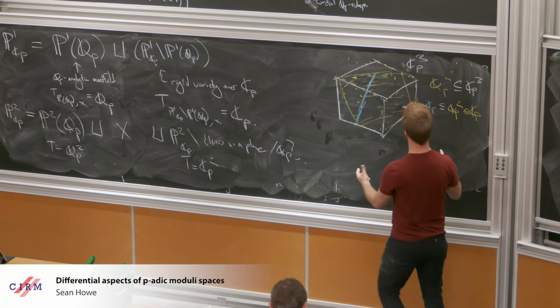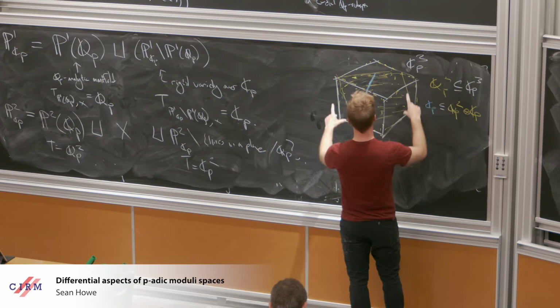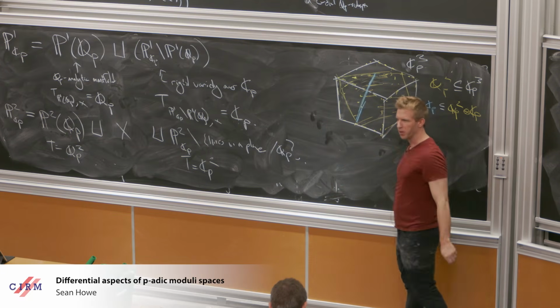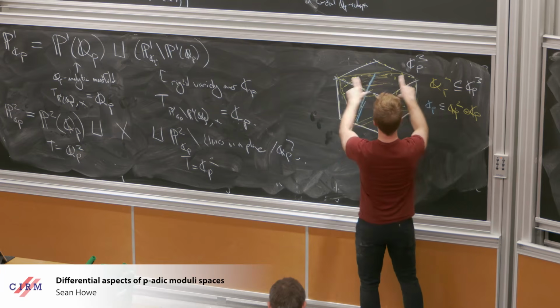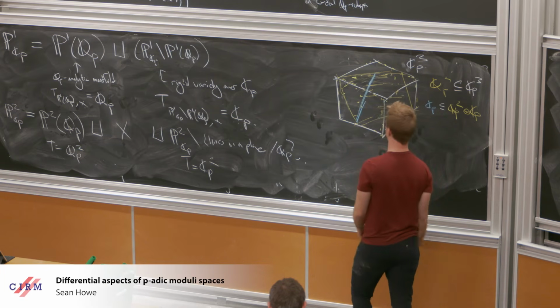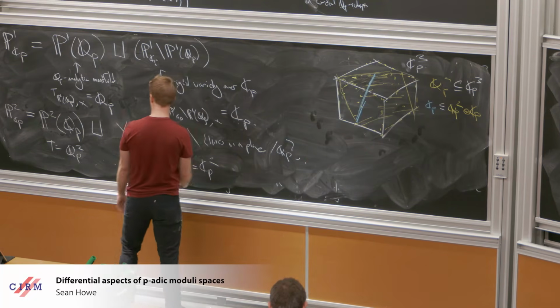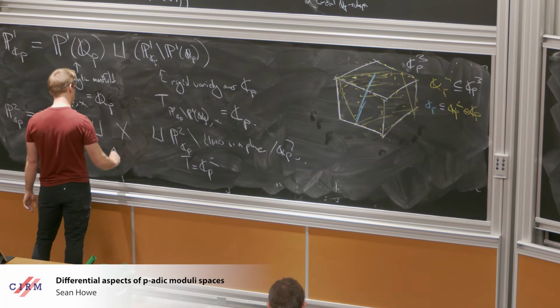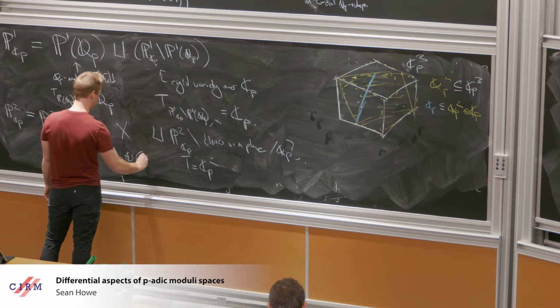That gives me one QP degree of freedom moving around my plane, and one CP degree of freedom moving around my line. So you see that the tangent space at any point is going to be QP plus CP.